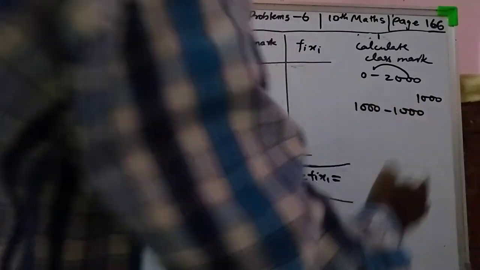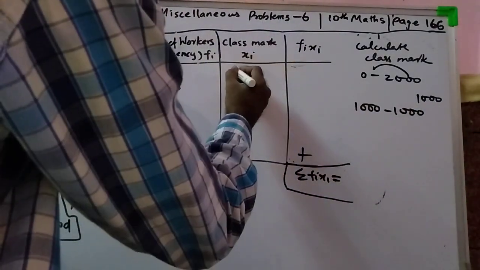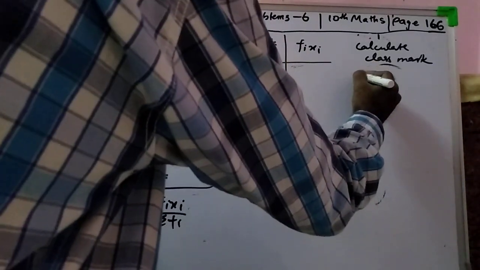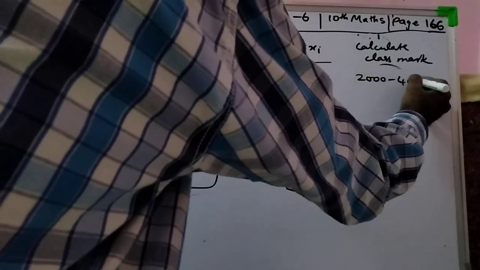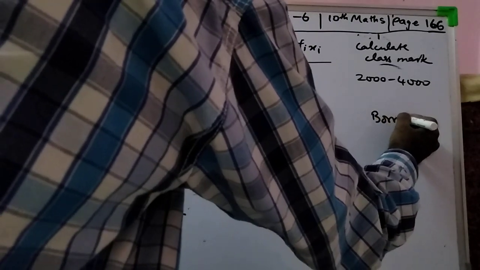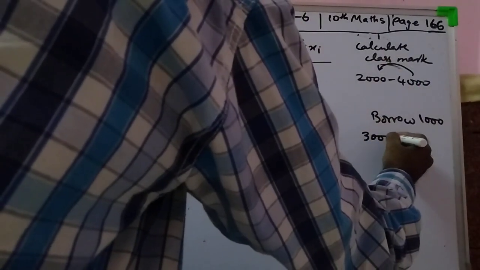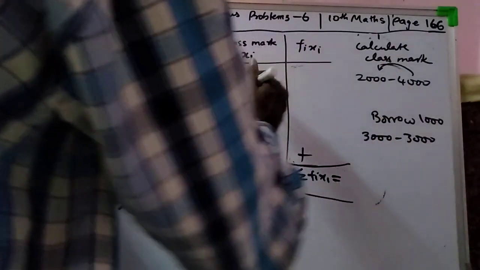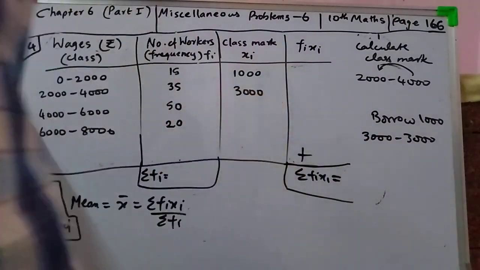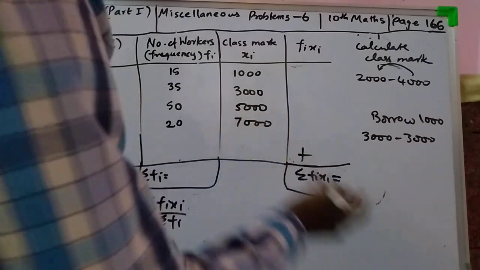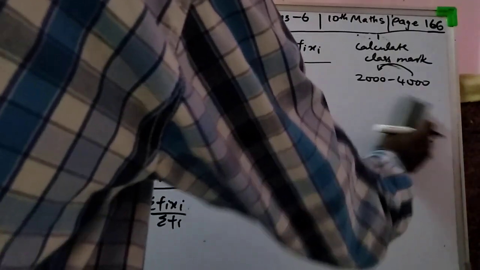So I can write it here 1000. And for this, 2000 and 4000. Borrow 1000, that will become 3000. Write it here 3000. Similarly, you get here 5000 and here 7000. So first you got this.